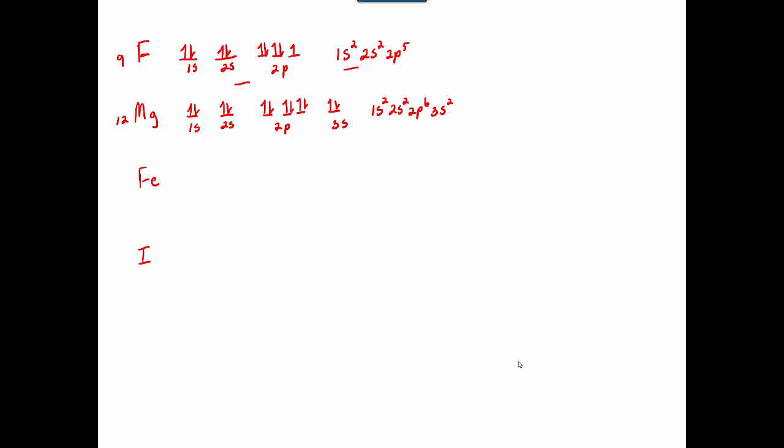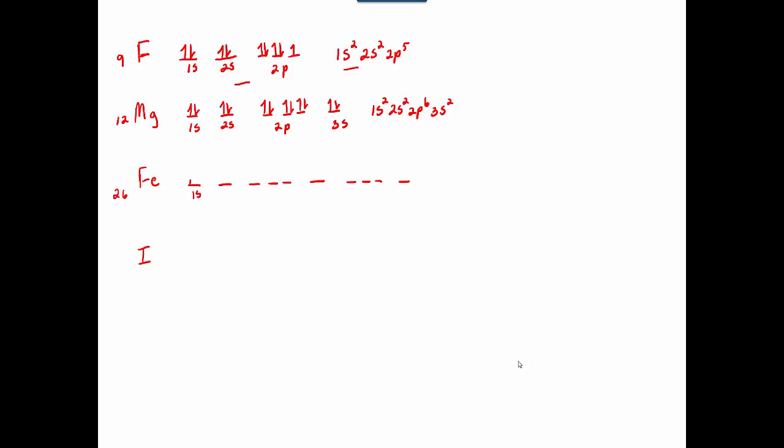So now let's go to iron. Iron has 26 electrons. So the 1s, 2s, 2p, do a 3s, and then there'll be the 3p orbitals, and I think we'll have to go to 4s, and let's just start filling these.